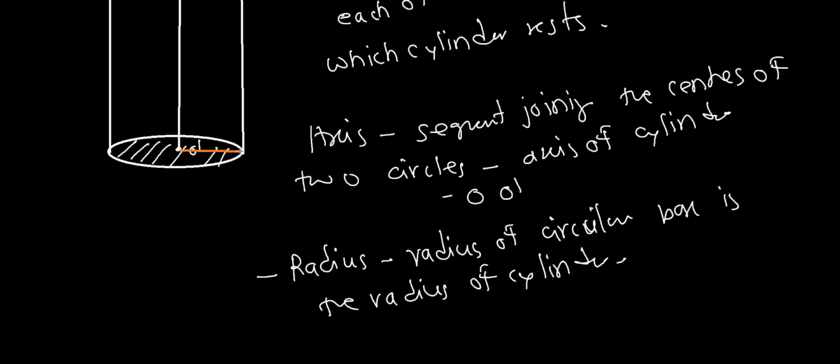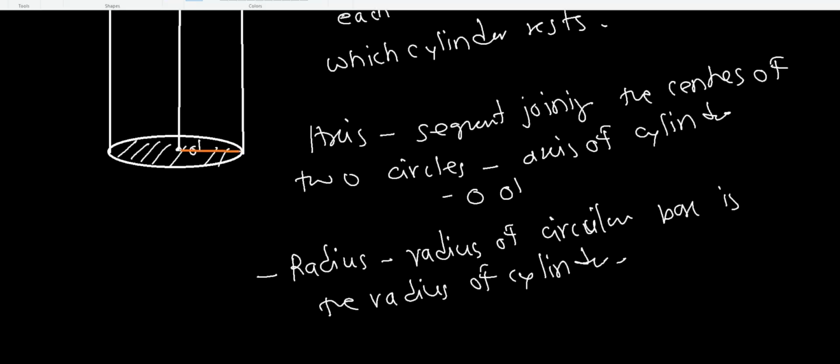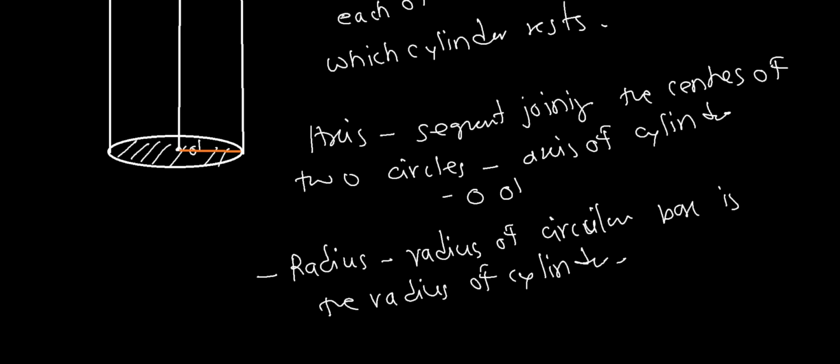So this orange line represents the radius, let's say R.